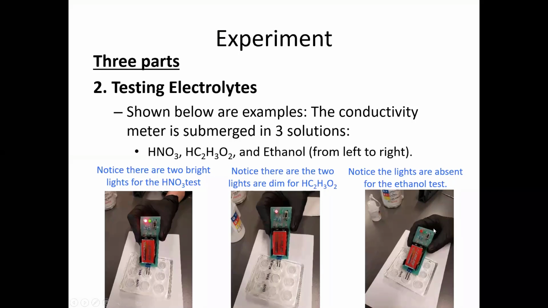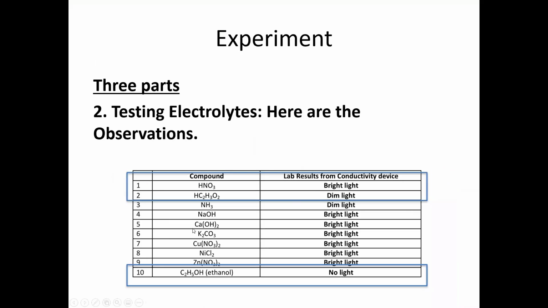If it doesn't conduct current at all, then I won't get any light. So these observations are filled in this table. These 3 examples here: nitric acid, I got a bright light; acetic acid, a dim light; ethanol, there's no light.